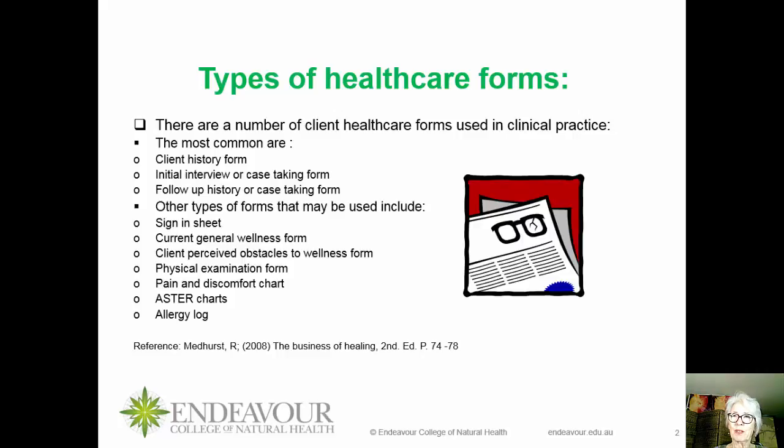So how does the client perceive their own health and how they can do something about it, and whether indeed there are obstacles or they perceive obstacles. A physical examination form, a pain discomfort chart, what are called ASTA charts, or an allergy log.